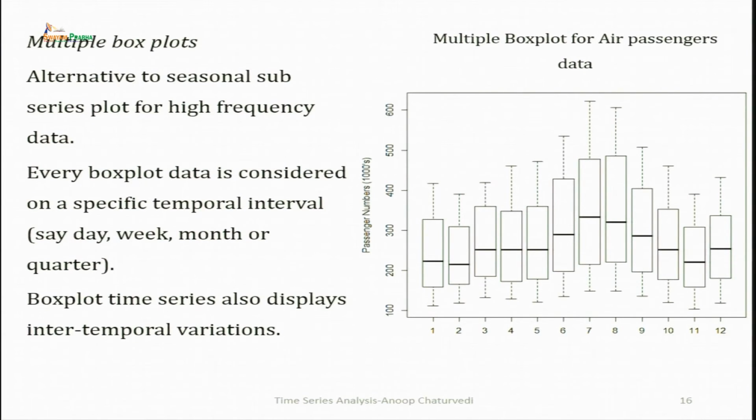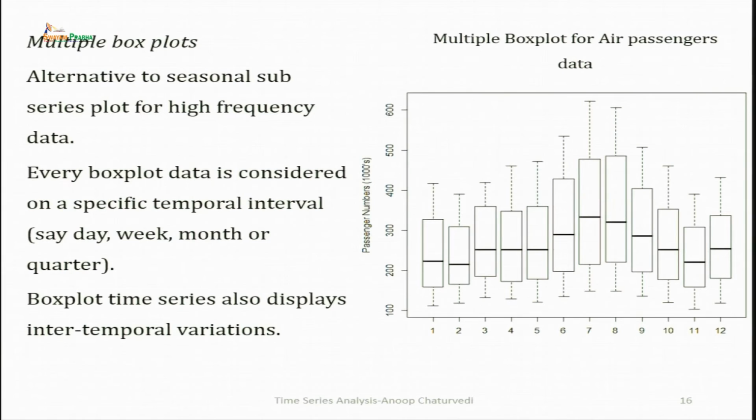Every box plot data is considered on a specific temporal interval, say day, week, month or quarter. Here we have monthly data. We have used the same air passengers data. Then box plot time series also displays intertemporal variations.